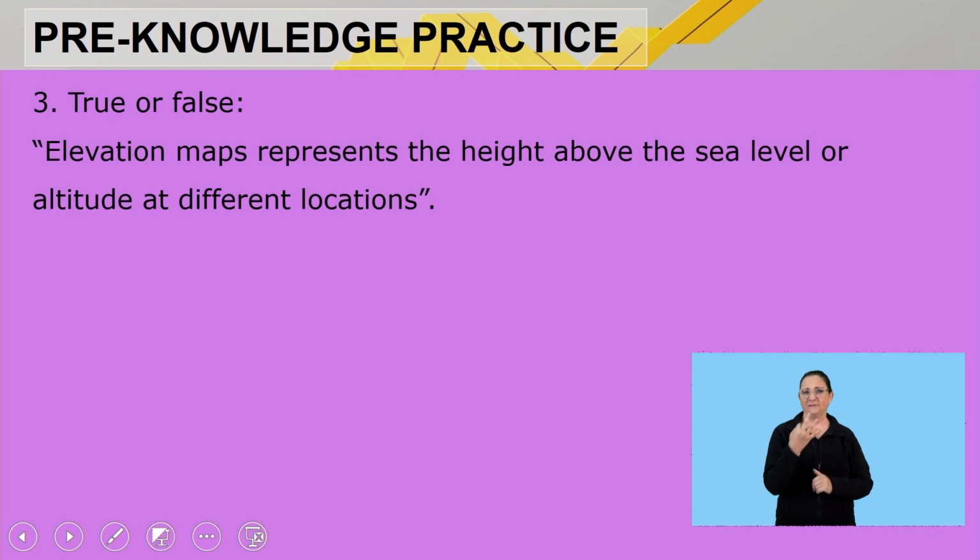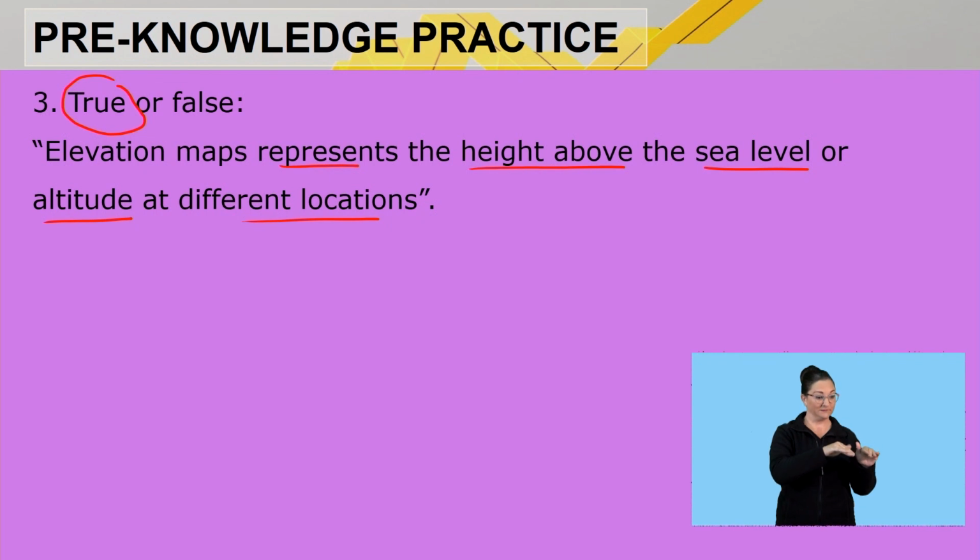Question number 3 says the following, true or false? Elevation maps represent the height above sea level or the altitude at different locations. Definitely that's true. So note that elevation maps represent the height above sea level or the altitude at different locations.